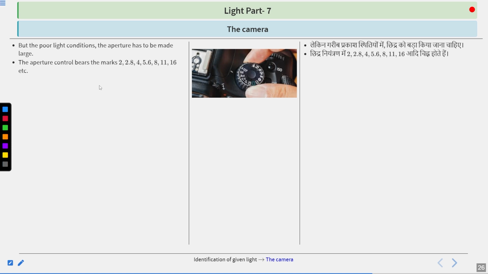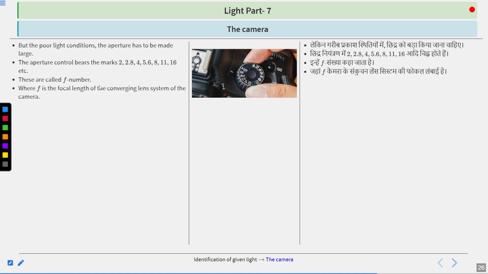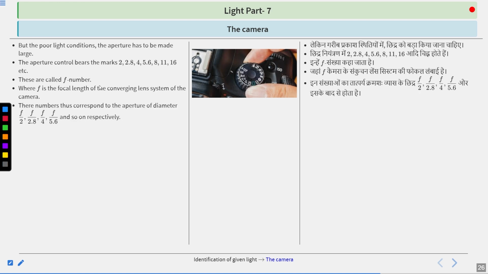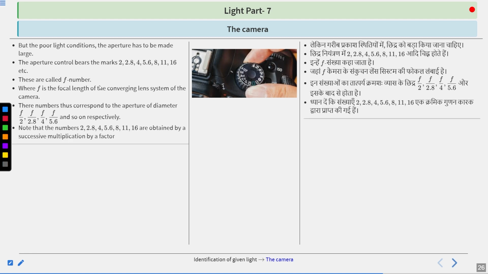The aperture control bears the marks 2, 2.8, 4, 5.6, 8, 11, 16, etc. These are called f numbers, where f is the focal length of the converging lens system of the camera. The numbers thus correspond to apertures of diameter f by 2, f by 2.8, f by 4, f by 5.6 and so on respectively. Note that the numbers 2, 2.8, 4, 5.6, 8, 11, 16 are actually obtained by a successive multiplication by a factor.